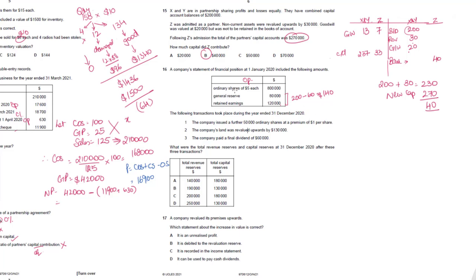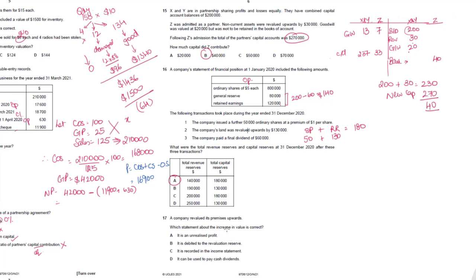In the capital reserve, you will have share premium and you will have revaluation reserve. How much is the share premium? 50,000 into $1. So share premium is going to be 50,000. Revaluation reserve is going to be 130. So total capital reserve is going to be 180. So the option that matches our amounts is option A, 16A.